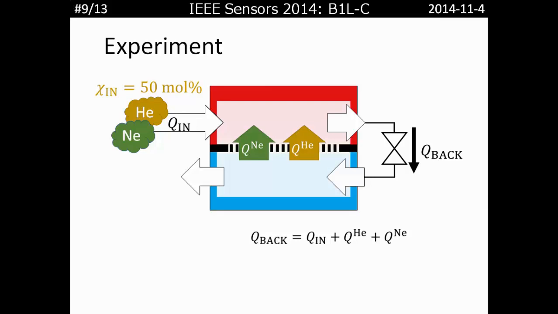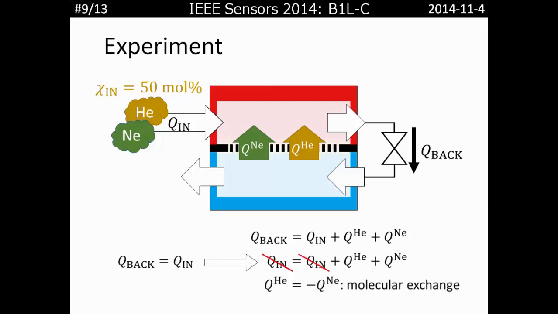If we denote the flow rates through the membrane of neon and helium like this, according to the mass conservation here, we obtain this relation, where Q back is the flow rate here. As we can regulate Q back by this valve, if this condition, Q back equals Qn, is realized, then we can expect that the molecular exchange flow is induced.